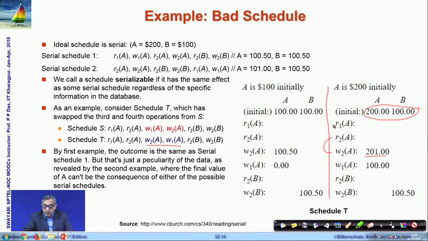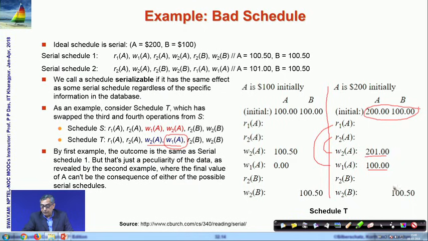And then R1, then you have W1. Now, what does W1A change? R1 had read 200, and from that you subtract 100. So, now W1A writes 100.